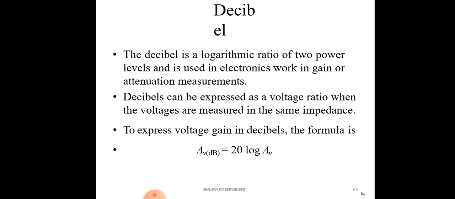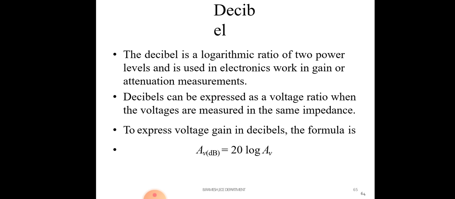And decibel. Why are we talking about decibels? Amplifier means sound, and sound we can calculate in decibels. The decibel is a logarithmic ratio of two power levels, and is used in electronic work in gain or attenuation measurements. Decibel can be expressed as a voltage ratio when the voltages are measured across the same impedance.